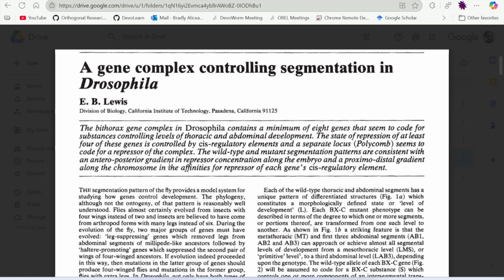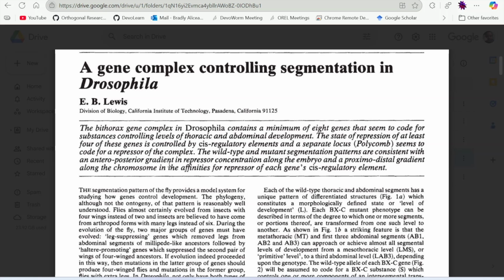The wild type and mutant segmentation patterns are consistent with an antero-posterior gradient, so this again is up and down the body with these different segments, in the repressor concentration along the embryo, and a proximo-distal gradient along the chromosome in the affinities for repressor of each gene's cis-regulatory element. So this is where we have this gradient in the phenotype, and this repressor concentration varies across the phenotype from front to back, and it determines how these genes are expressed.